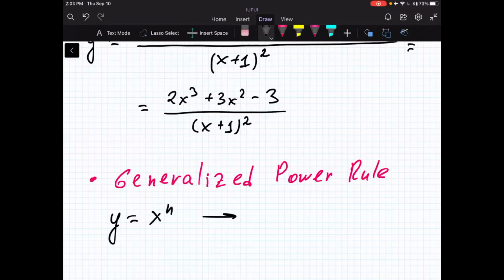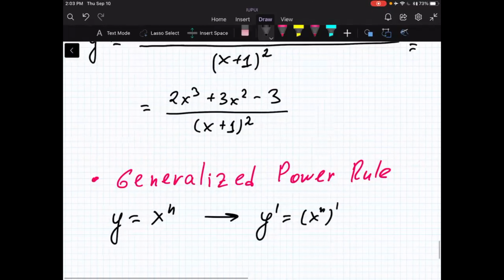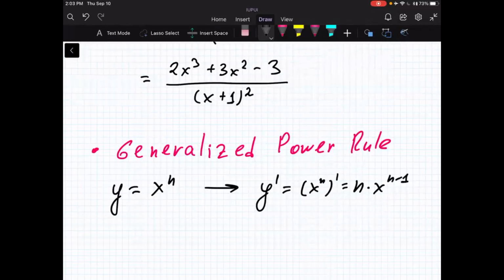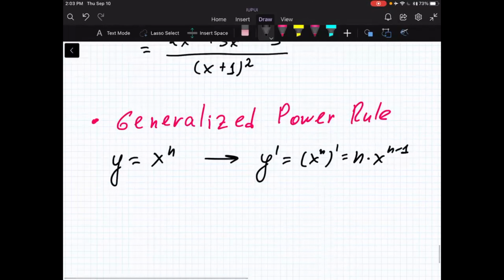We have learned that y prime is equal to n times x to the power n minus 1, where n is a positive integer.